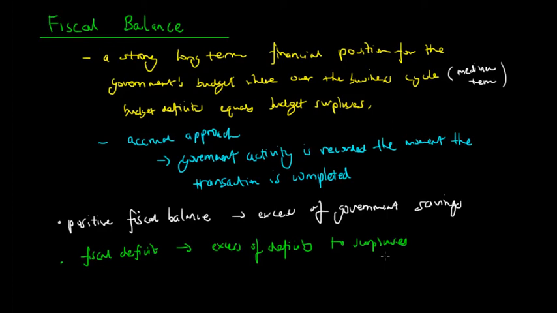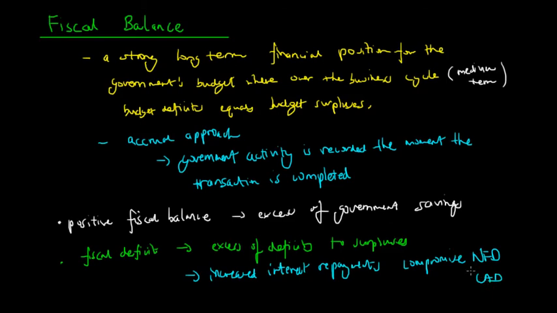So as a result, this is a very bad result for the government, there should be increased interest repayments, which may compromise both our net foreign debt and the current account deficit.